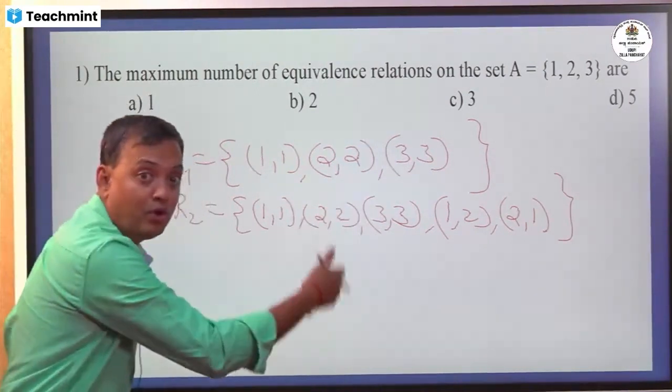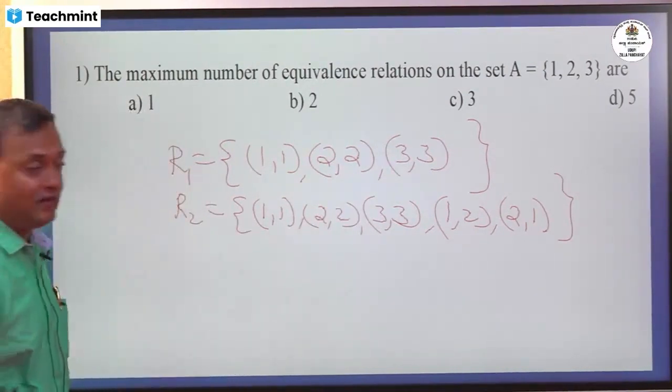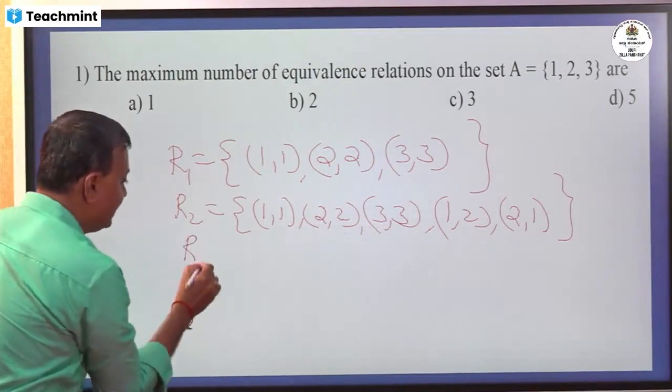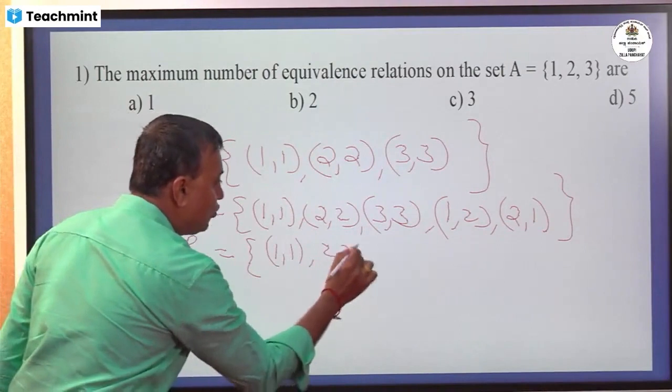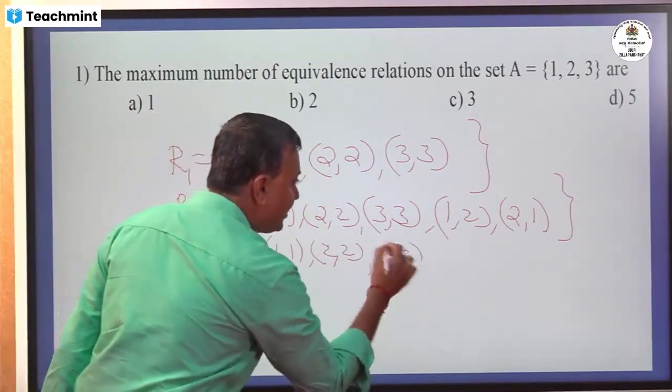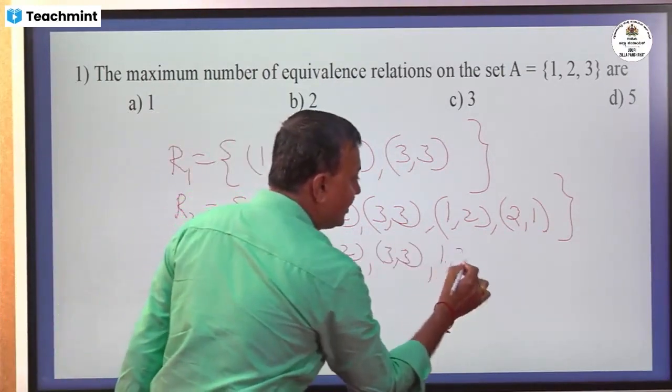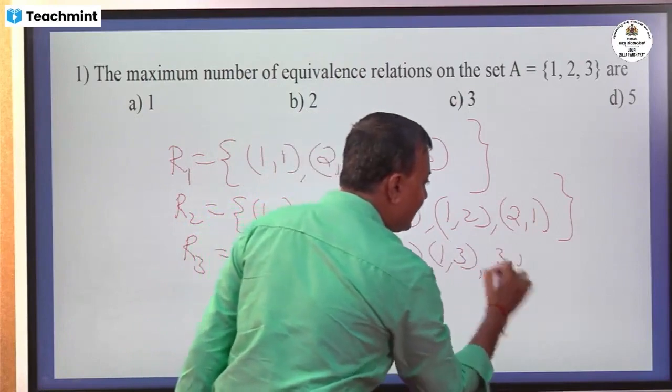Like this, two more relations we can write. Correct? So two distinct ordered pairs. Then R3: (1, 1), (2, 2), (3, 3), next (1, 3), (3, 1).